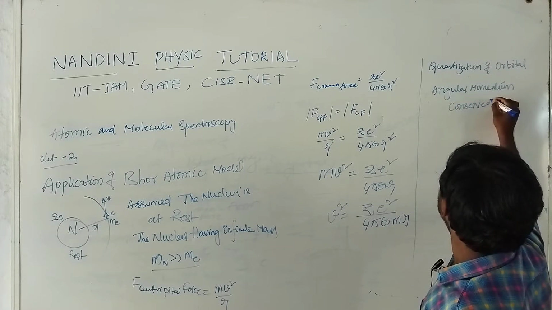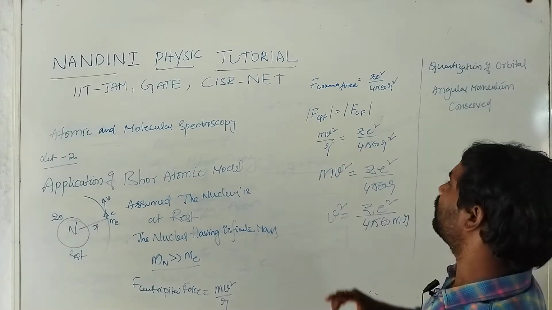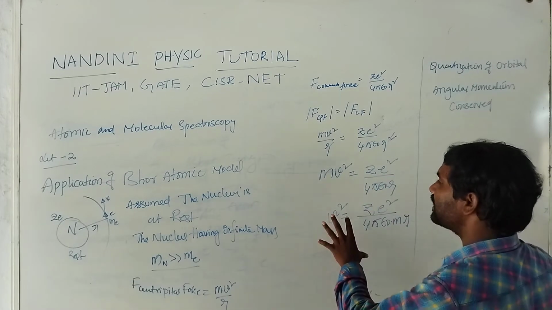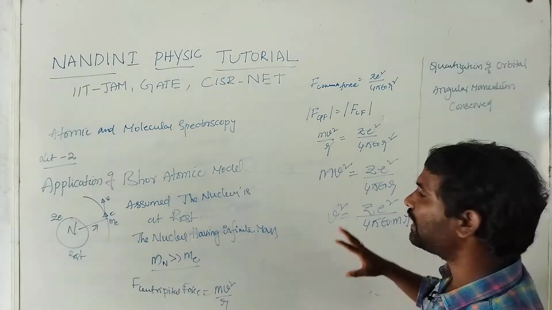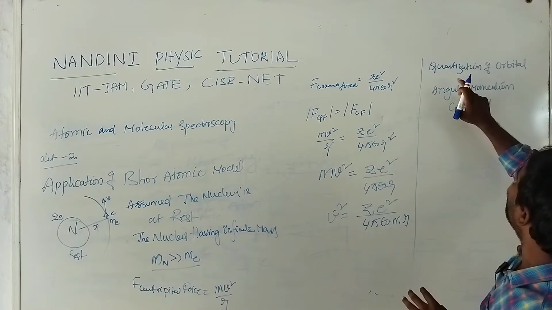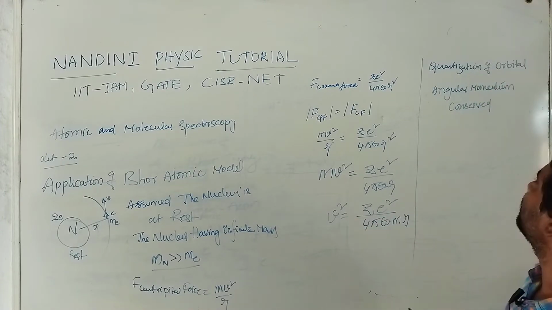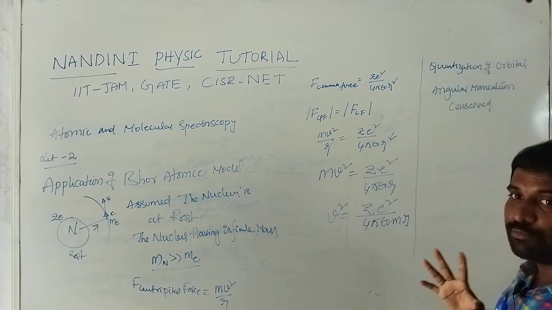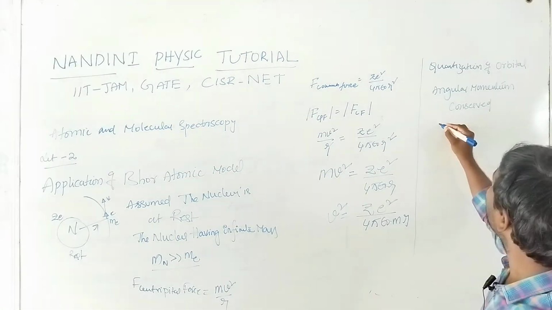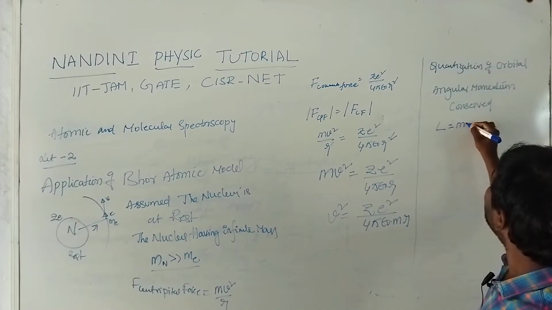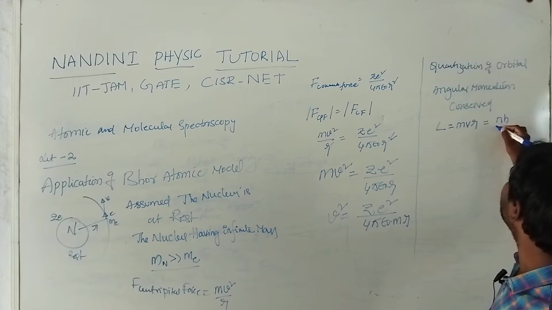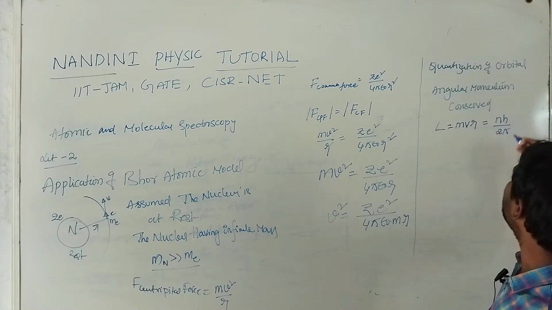This concept actually comes from quantum theory. Bohr explained on the basis of both classical and quantum concepts. According to the quantum concept, quantization of the orbital exists, which means angular momentum is a conserved quantity. Therefore angular momentum L is equal to mvr, equal to integral multiples of h by 2 pi.